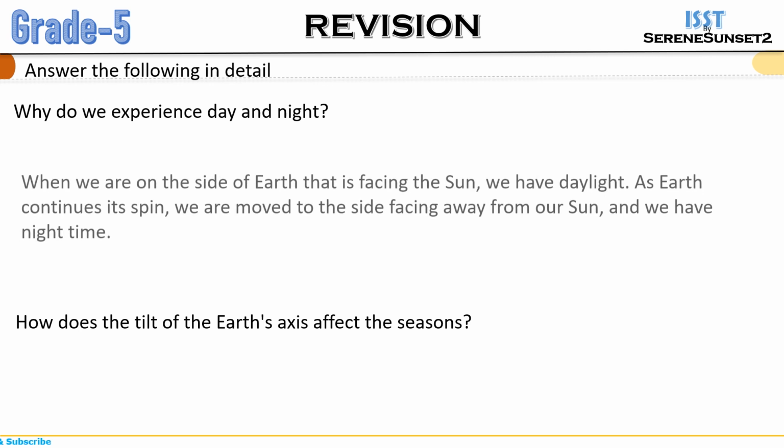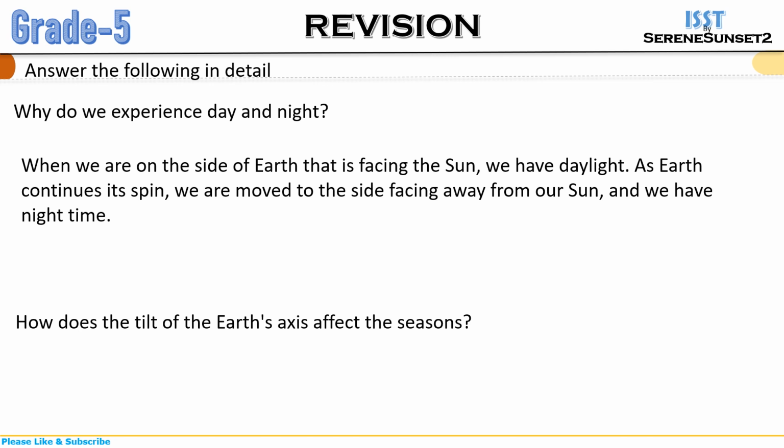Answer: when we are on the side of the Earth that is facing the Sun, we have daylight. As the Earth continues its spin, we are moved to the side facing away from our Sun, and we have night time.